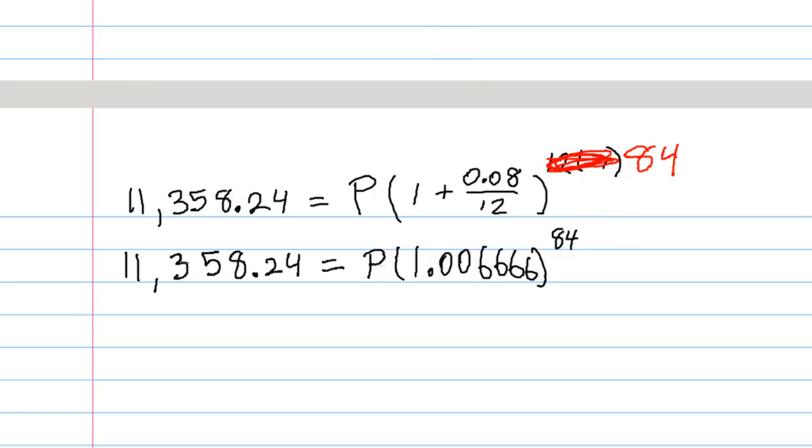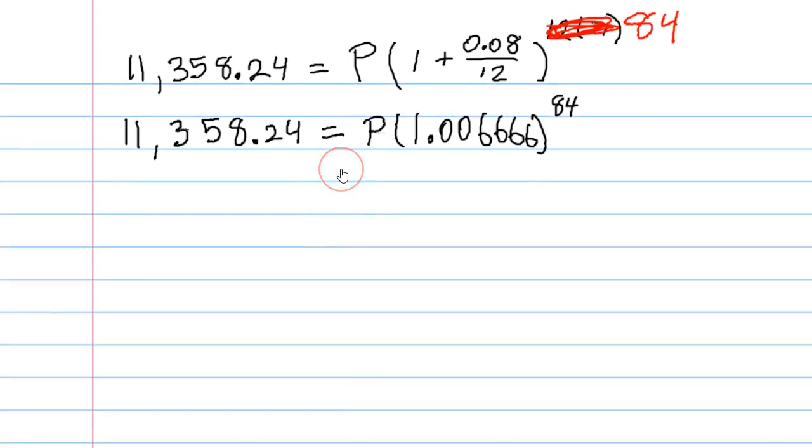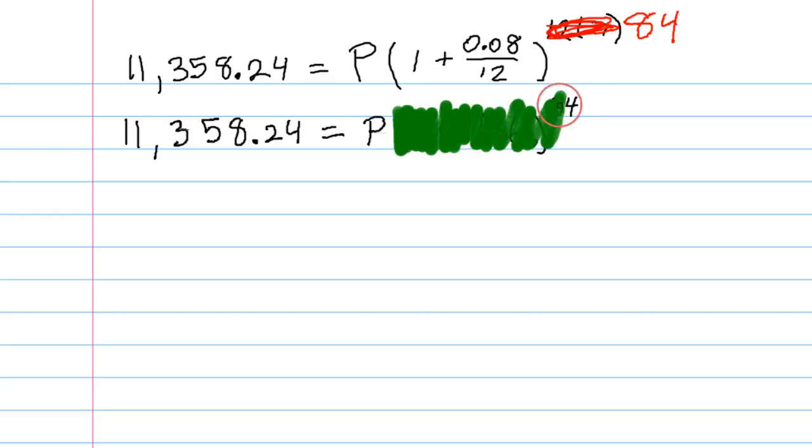Okay, so at this point, I have a few options. I can type this entire numerical expression in green into the calculator, but I'm going to get a pretty large number with a lot of decimals.